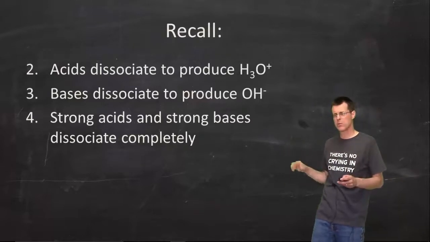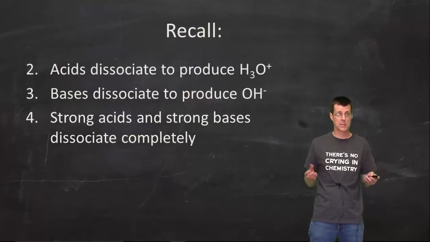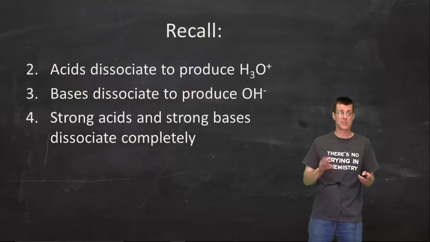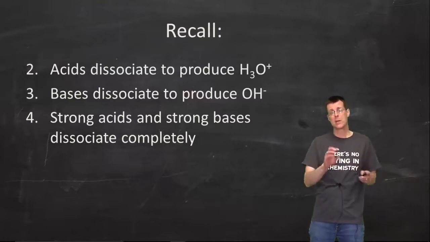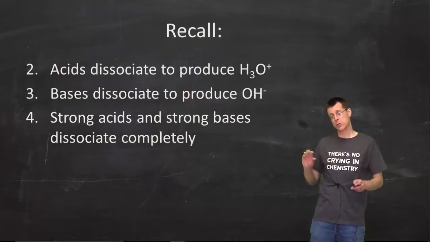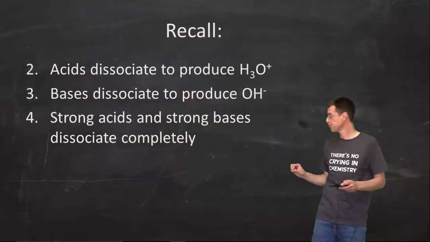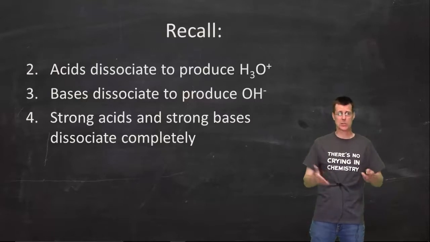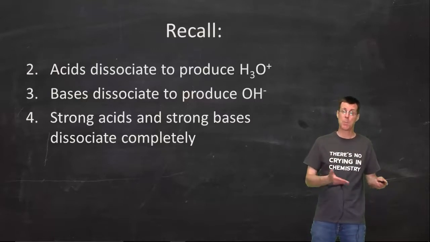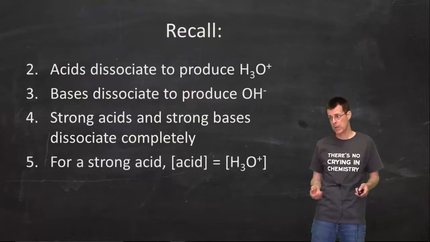Now today we're mostly focusing on strong acids, and really in this course all we're going to focus on is strong acids or strong bases. The weak acids and weak bases are going to have to be treated at least a little bit differently, because they don't dissociate 100%, which means I need to do something else to figure out how much they dissociate.